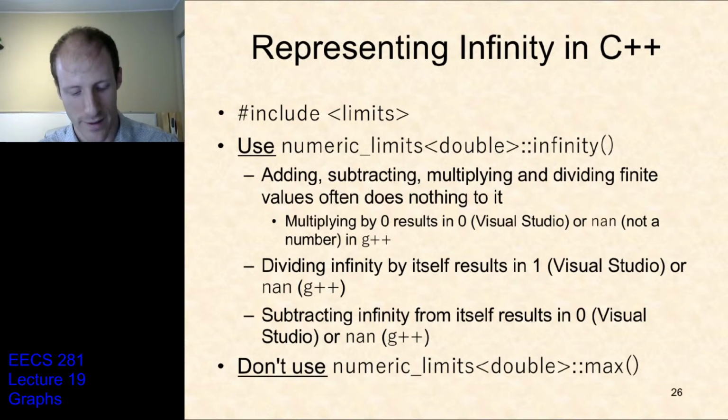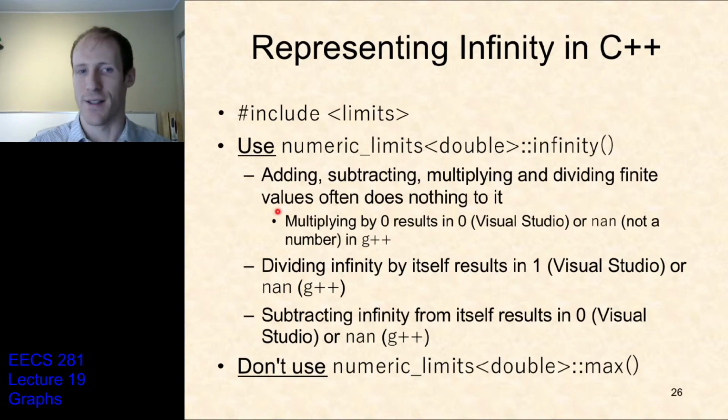Adding, subtracting, and maybe even dividing with finite values doesn't change infinity. But multiplying by 0 gives you a NaN. Here, the slides actually say it gives you a 0 in Visual Studio. I was curious about this, so I checked just before the lecture, and I think, at least in a modern version of Visual Studio, that's no longer the case.